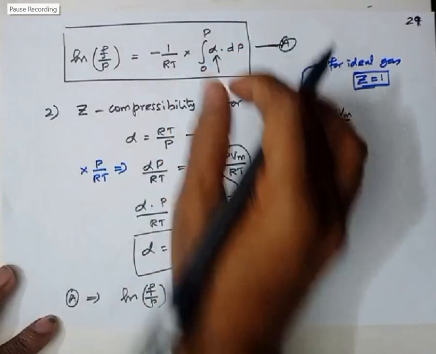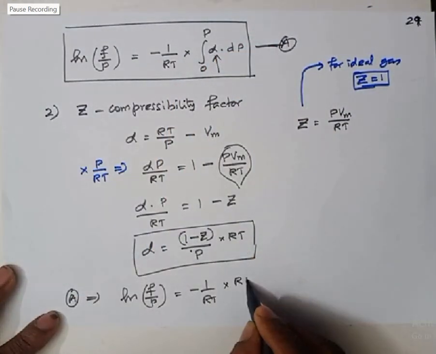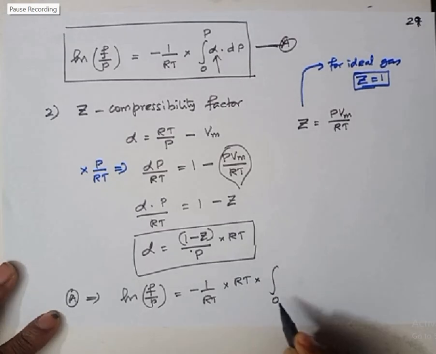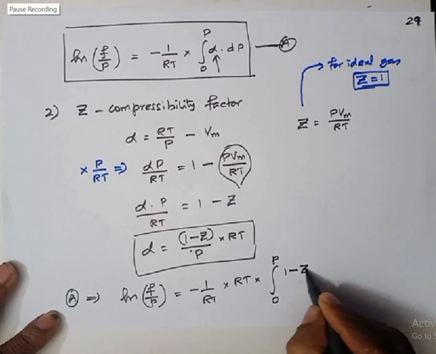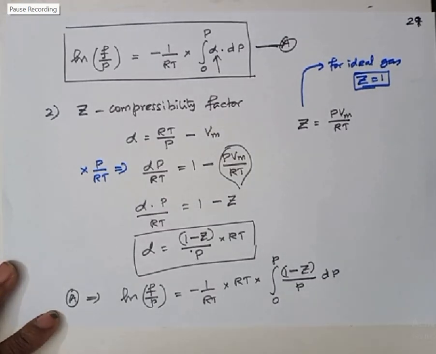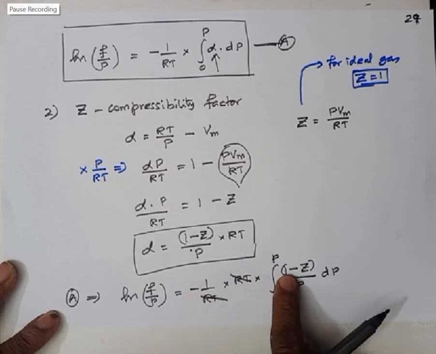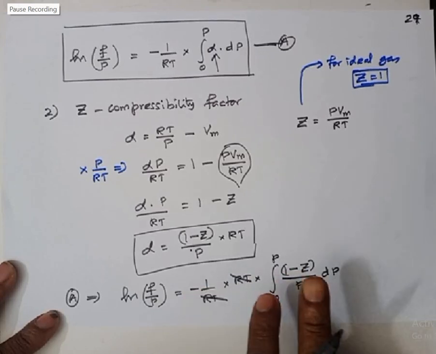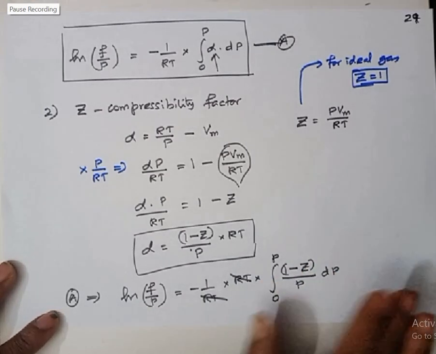in the place of alpha I am going to put this value. Anyway RT is constant, so you just take it out, and integral 0 to P, then write this one, 1 minus Z by P into dP. This RT cancel each other, and here you have minus sign, so multiply this by minus, so you will get minus 1 plus Z. So just change it into Z minus 1 by P. Let me write in the next page.